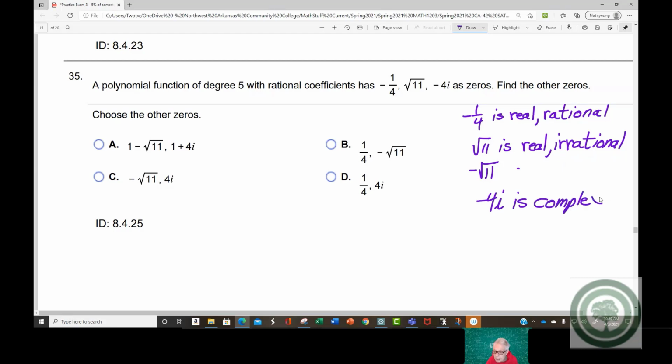So it needs its complex conjugate, positive 4i. And so you'll have 1, 2, 3, 4, 5 zeros for a degree 5 polynomial. Now it says find the other zeros. The other zeros are negative the square root of 11 and positive 4i. Negative the square root of 11 and positive 4i right here, C.